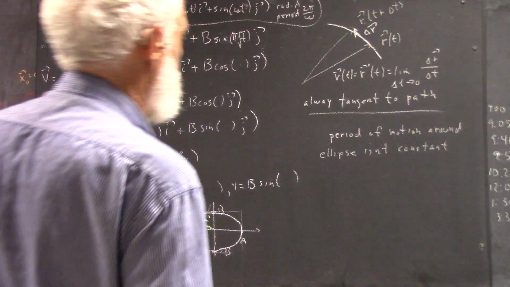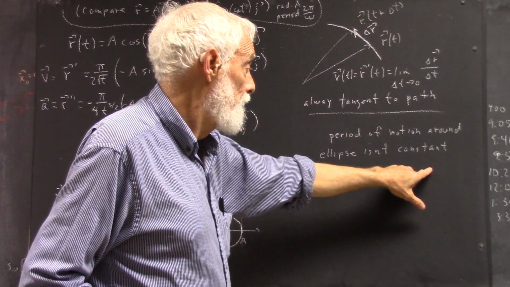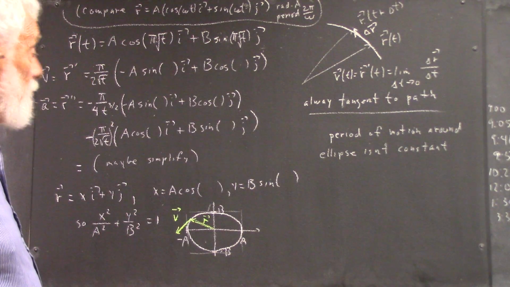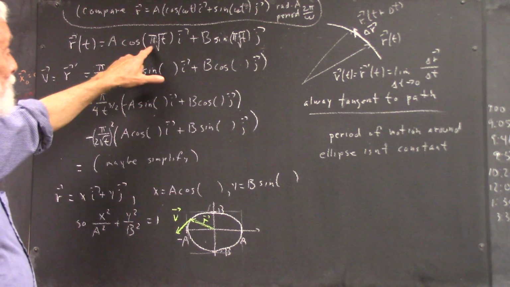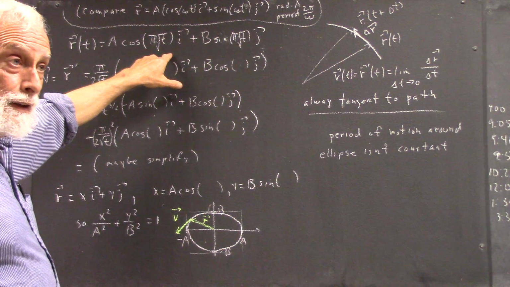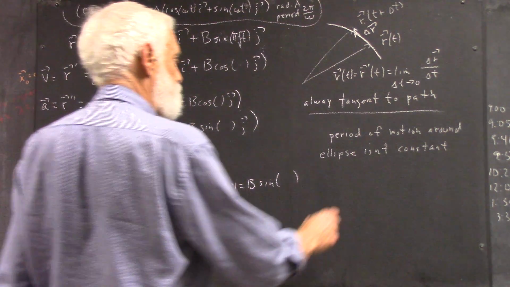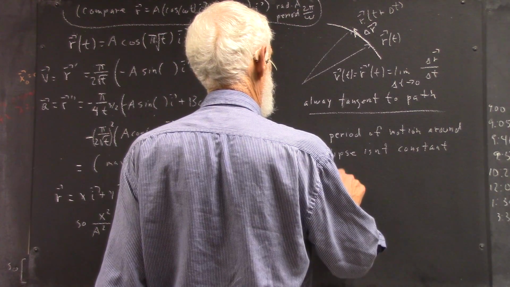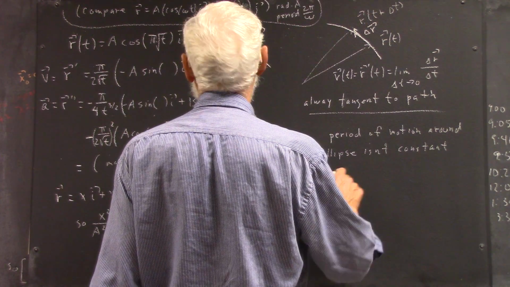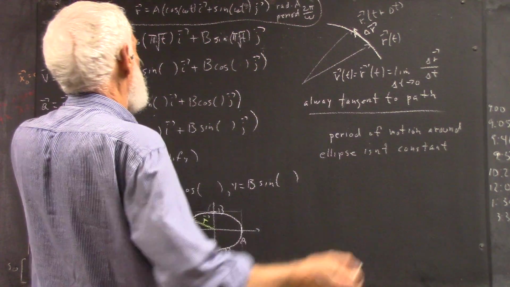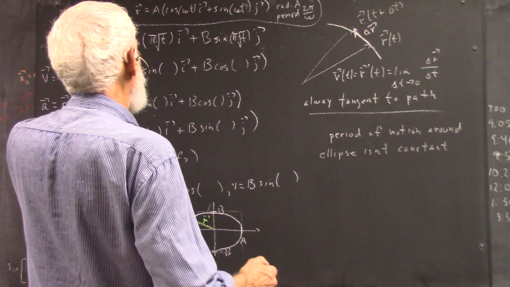Okay, so the period of motion isn't constant because pi squared of t changes by 2 pi, right? And I'm just trying to decide whether to use a delta t or not.